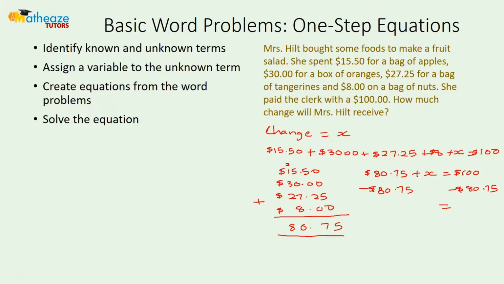This is going to give us x is equal to 19.25. So what we now have is that Mrs. Hilt gets a change of $19.25.